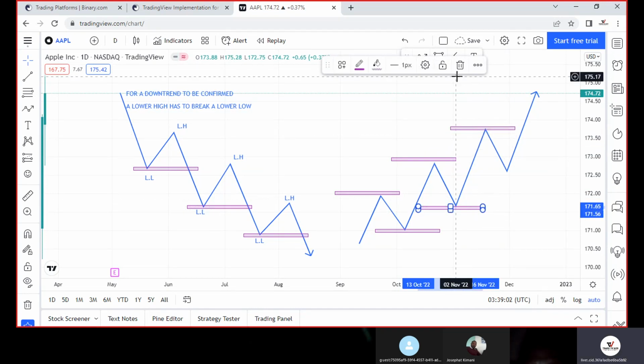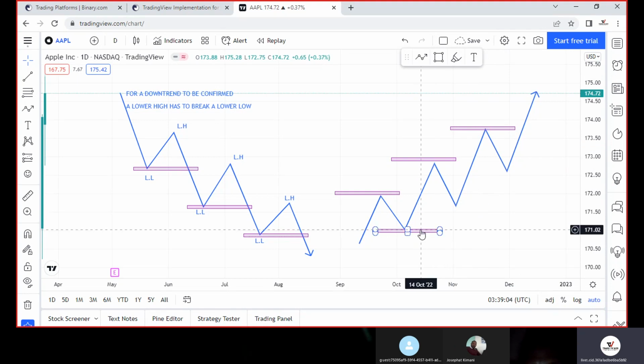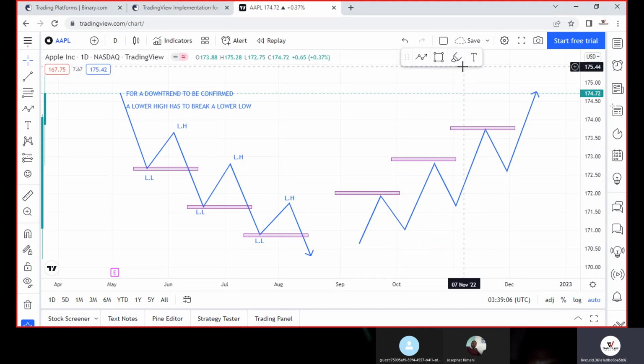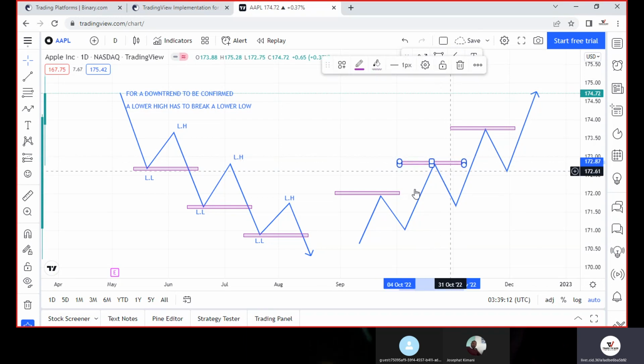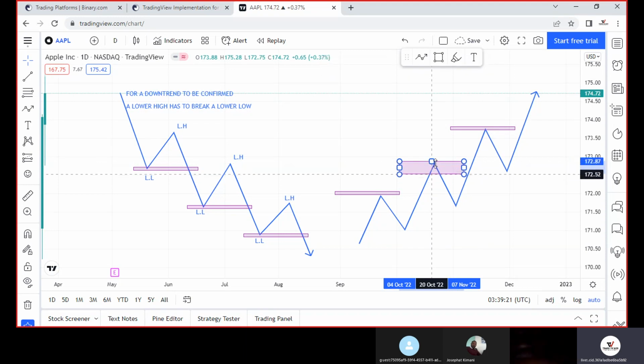All right, let me just delete this. So for an uptrend to be called, or to be said we are in an uptrend, the highs need to be taken out.